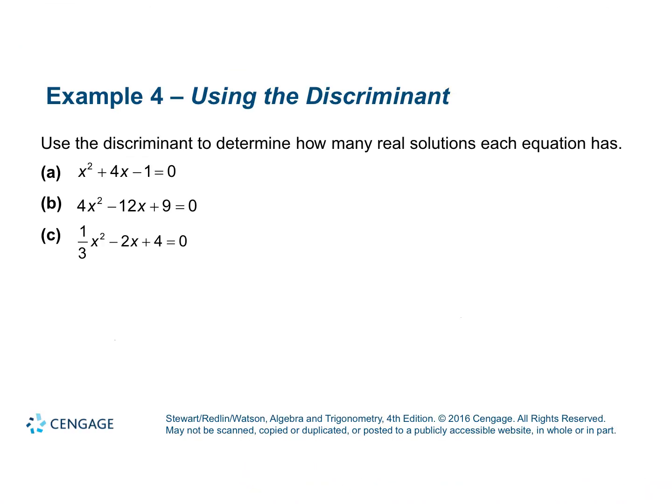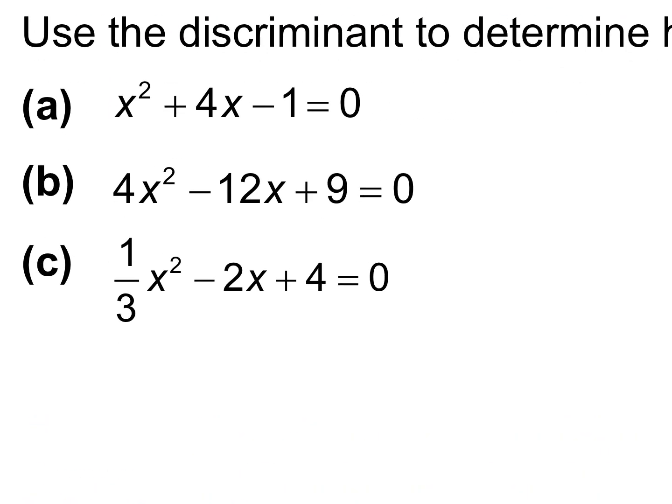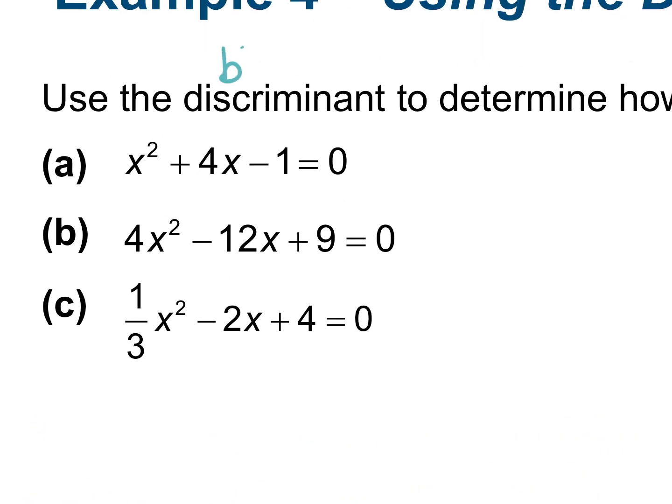So for example 4, it says use the discriminant to determine how many real solutions each equation has. So our discriminant formula is b squared minus 4ac. So in A, what's our A? 1 would be A. What's our B? 4. And C? Negative 1. So let's plug that in.